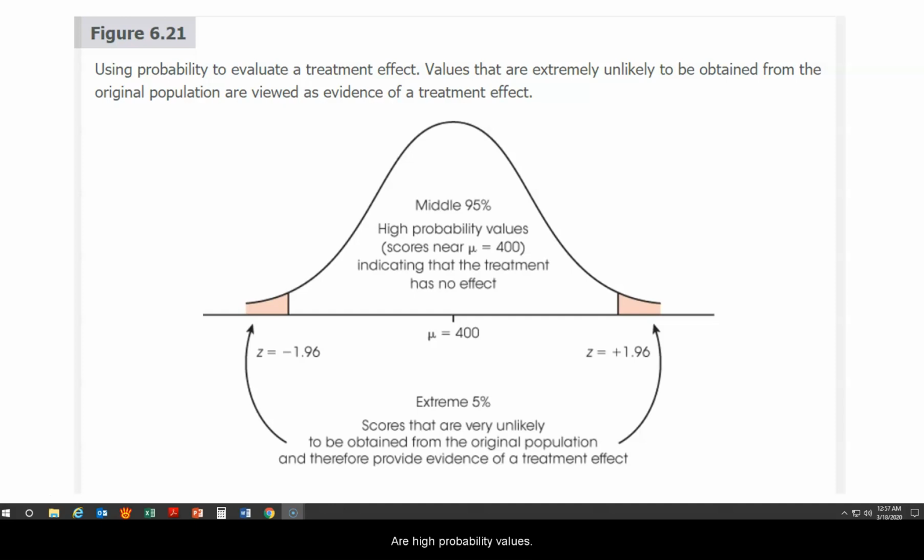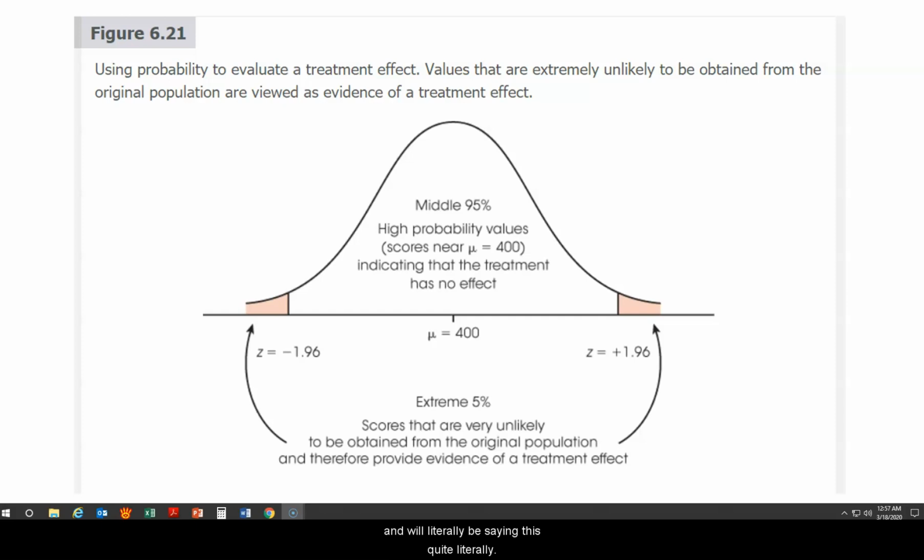So what we'll have here, and this is really going to pertain to Chapter 7 and 8, are high probability values indicating that the treatment has no effect, as we said before. We'll actually get sample means that are likely and unlikely to be obtained given that the null hypothesis is true. If we get a sample mean that's unlikely given that the null hypothesis is true, we might actually say that the null hypothesis isn't true.